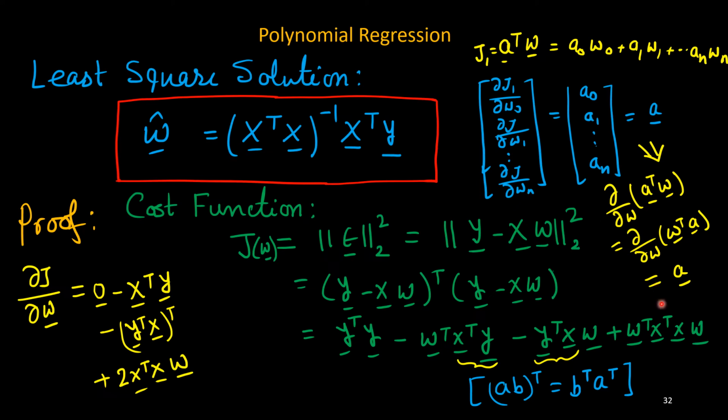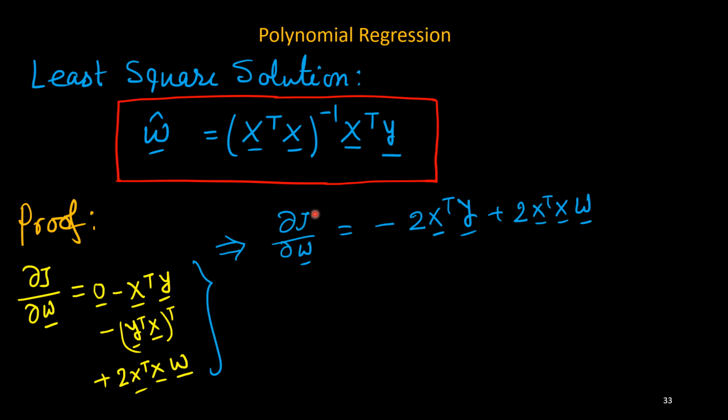When it is a transpose w, if I take the derivative with respect to w, I'll get only a, and for w transpose a, I'll also get only a, the same thing.